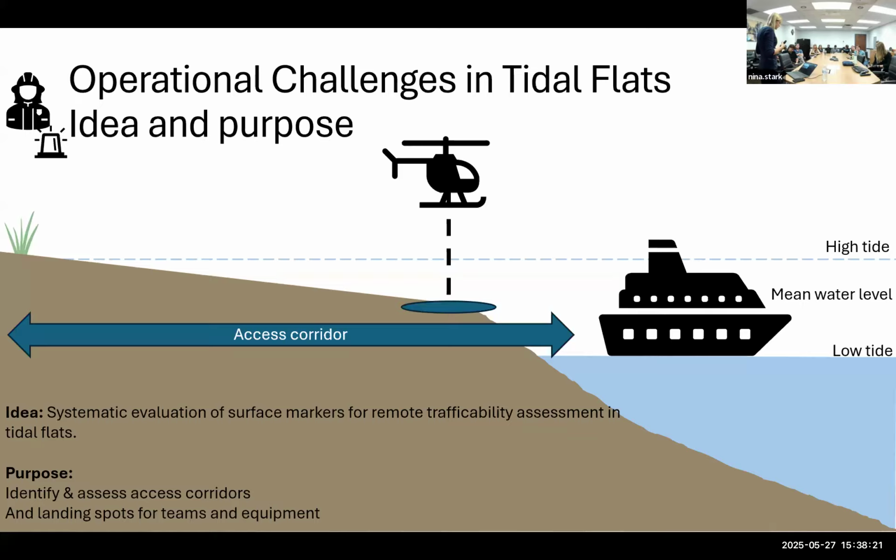The idea would be a systematic evaluation of different surface markers, so different types, structures, and materials, for remote trafficability assessment in tidal flats. To identify and assess access corridors, excuse me, and then to identify landing spots in those areas.